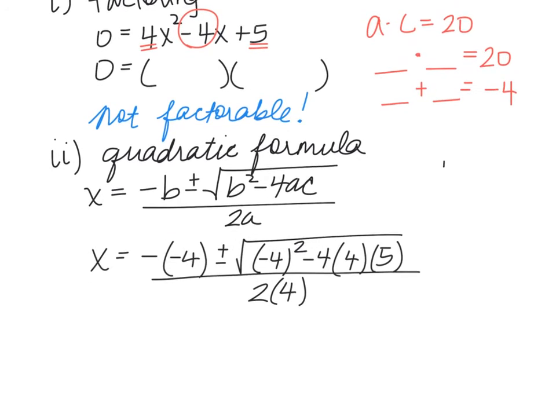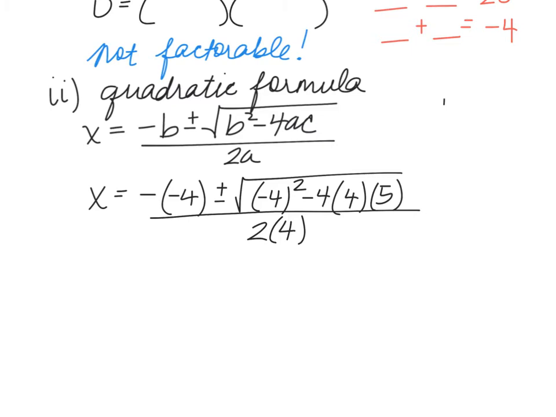And I know that you're very capable of putting this into your calculator, but I want to go ahead and work through the computation so that we don't make any silly computational errors. So -4, the quantity squared, will give us +16. And then I always just recommend that you keep track of your signs here. There's only one subtraction or one negative, so we're going to have minus. And then let's go ahead and just multiply 4 times 4, which would be 16, and 16 times 5, which will give us 80.